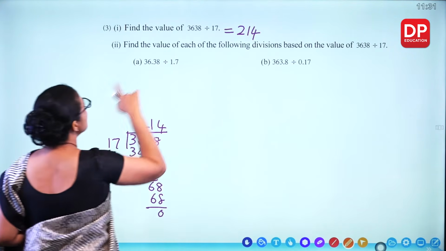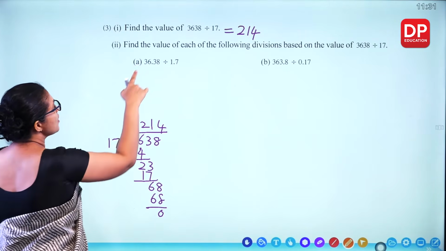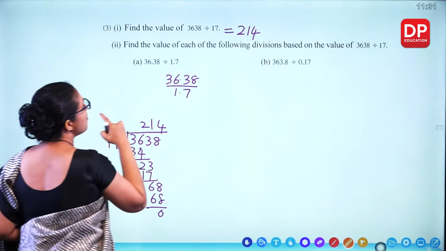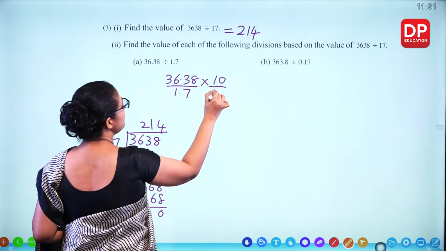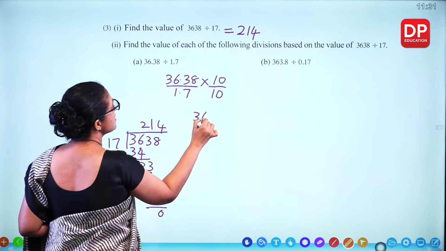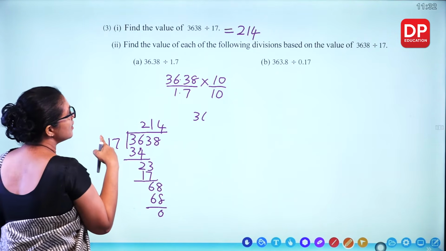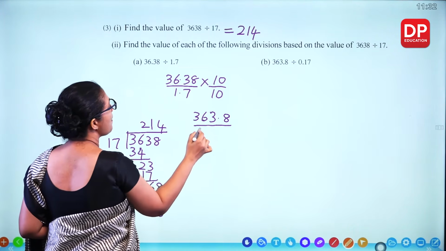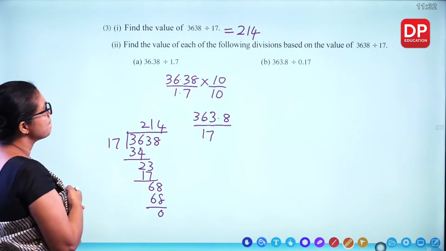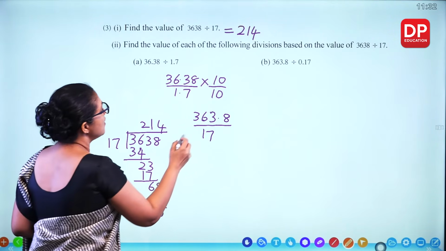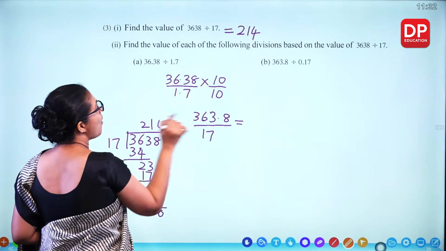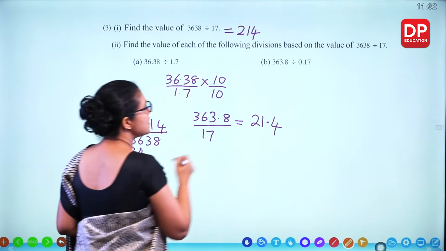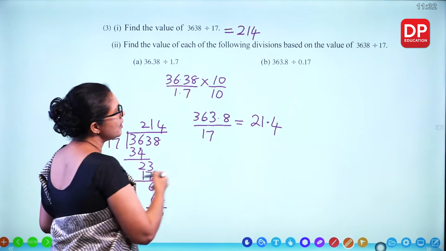Now use that to find out these given questions. 36.38 divided by 1.7. Multiply by 10. You get 363.8 divided by 17. So here for the answer just one decimal place is there. So 21.4 is the answer.